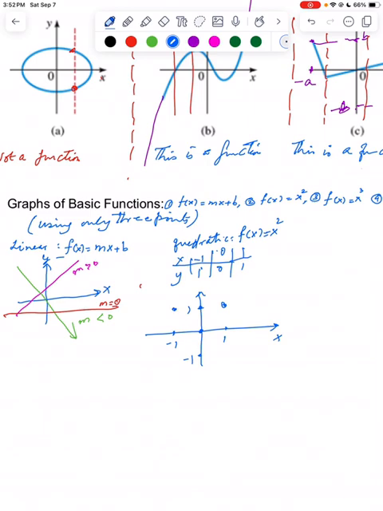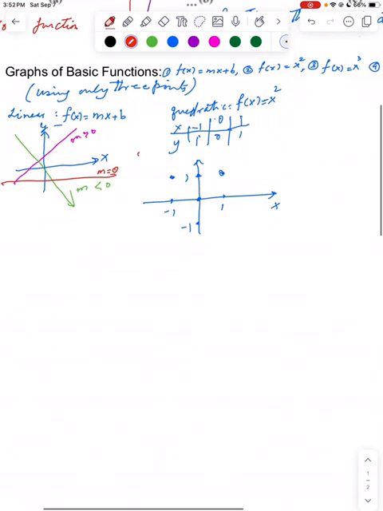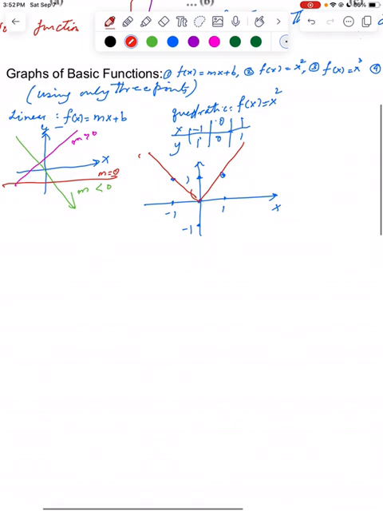Okay, so what the students do, they will take their ruler or their ID card and join these 2 points, join those 2 points. Is this a U? Really? Is this what the graph of a quadratic looks like? No.